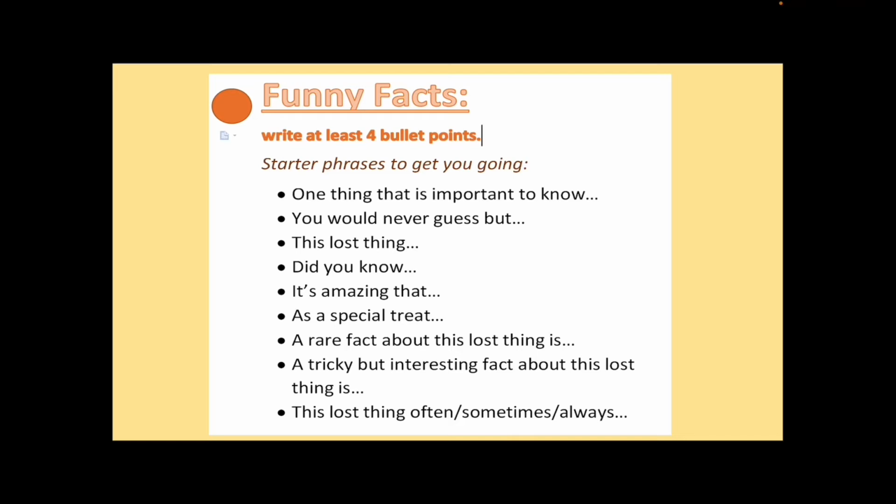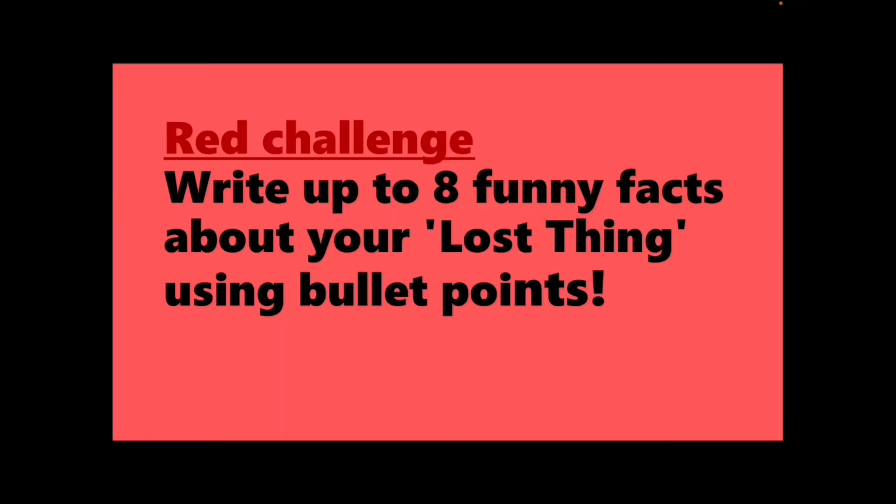You could use any of those starter phrases. If you're thinking, actually, I'm feeling really quite confident about this, you then need to go for a red challenge. The red challenge is to write up to 8 funny facts about your lost thing using bullet points. And I'm not going to give you more help than that red challenge. Okay, I cannot wait to see these.